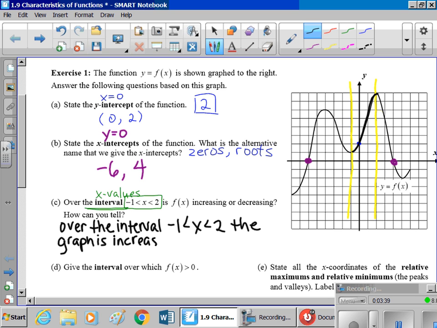And it says, how can you tell? So I'm going to write because it is heading in an upward direction.